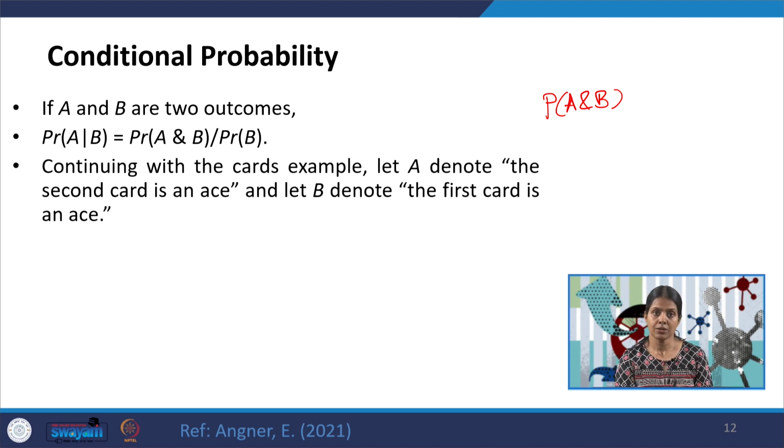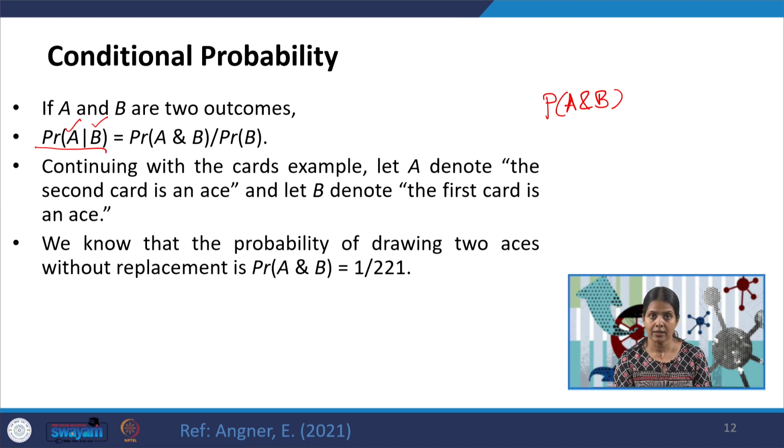Now, if we continue with the cards example, let A denote the second card is an ace and B denote the first card is an ace. So, here we are trying to find the probability of the second card being an ace while the first card was an ace.